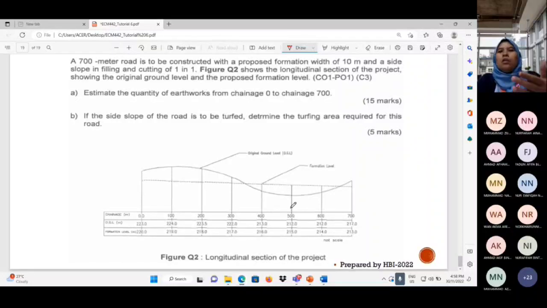Here they directly give the elevation from the side view.